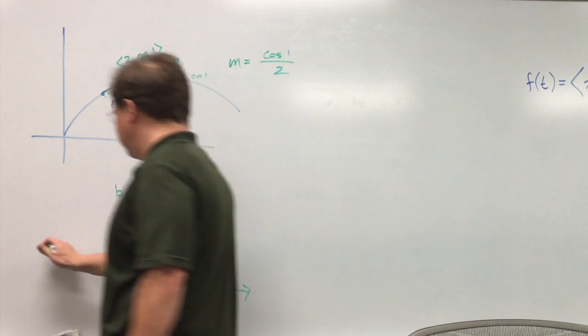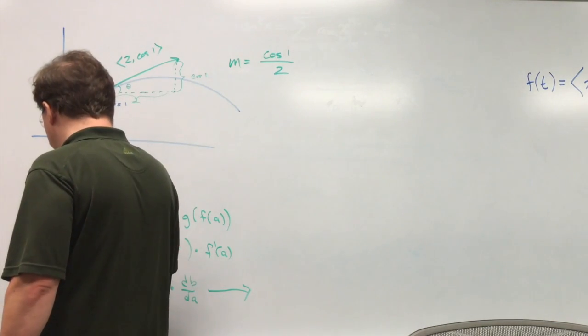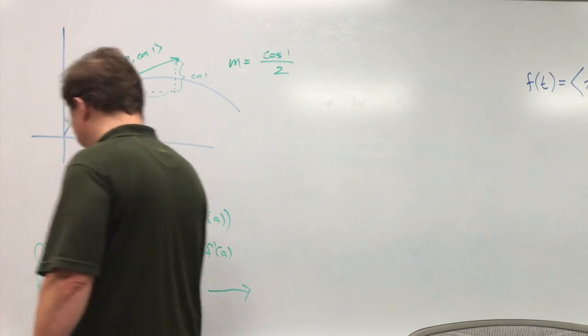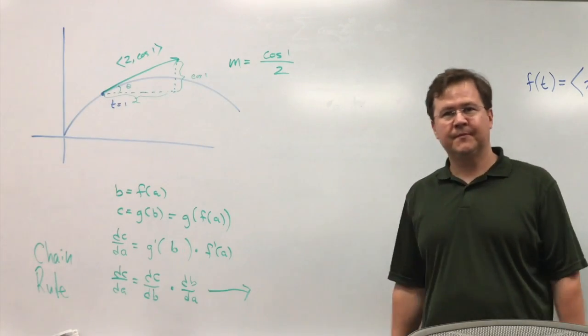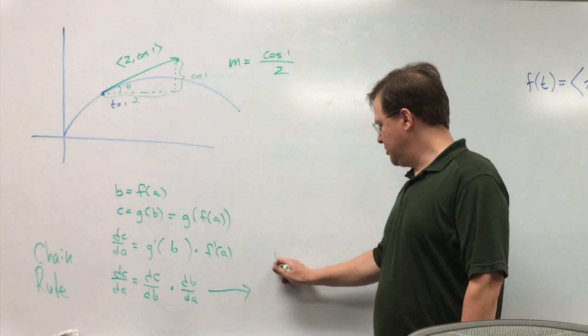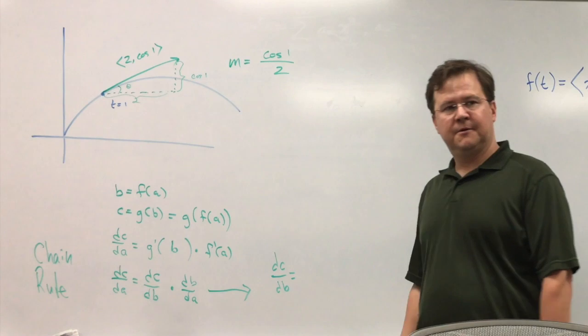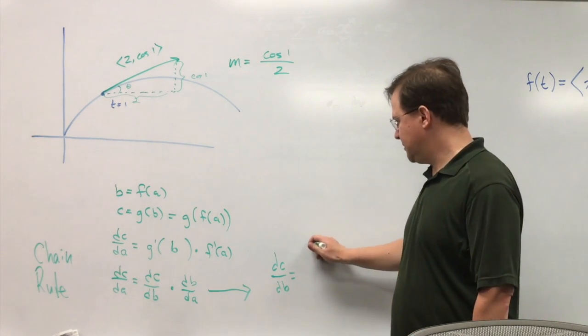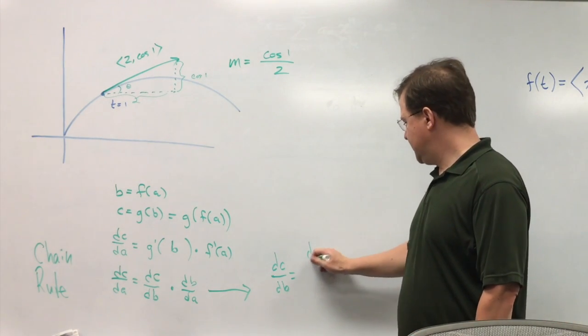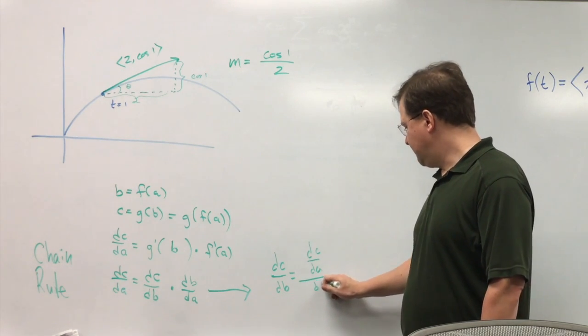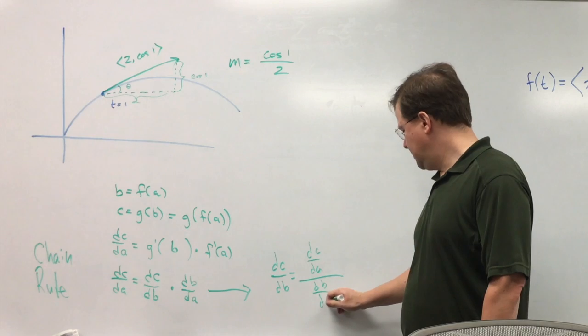For our viewers at home, I'll label this. That also means that the derivative of c with respect to b could be computed as the derivative of c with respect to a divided by the derivative of b with respect to a.